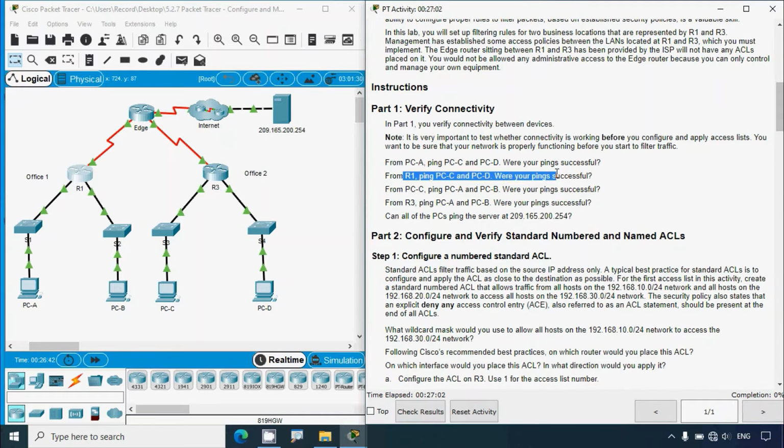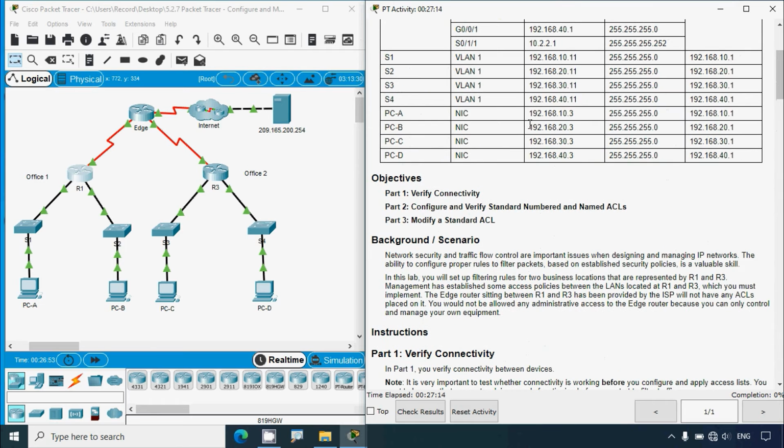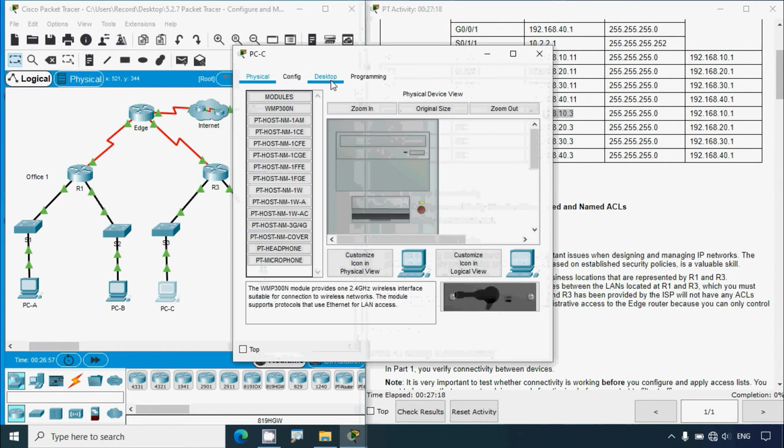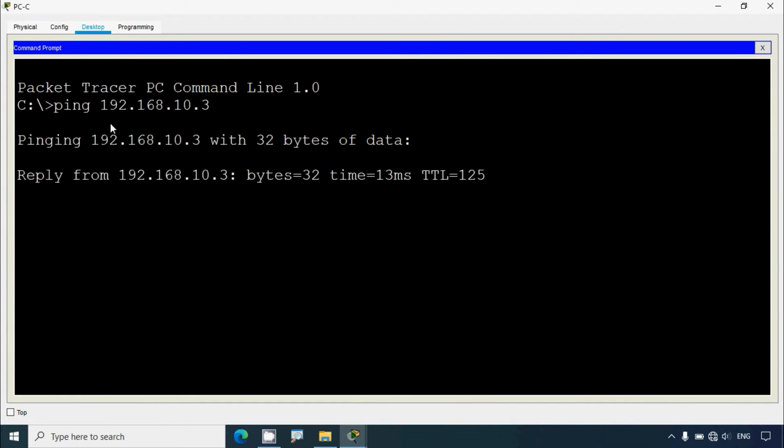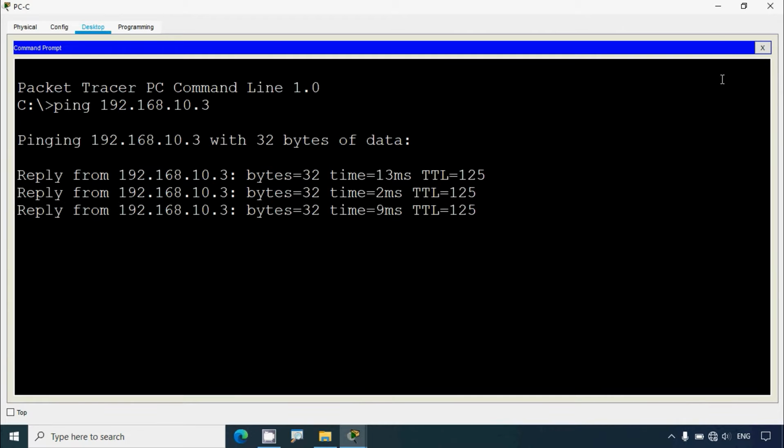This succeeded. Now from PC-C, ping PC-A and PC-B. So we will go to PC-C. We will get the IP address of PC-A. Coming to PC-C, desktop, command prompt, ping, and here we get the replies.